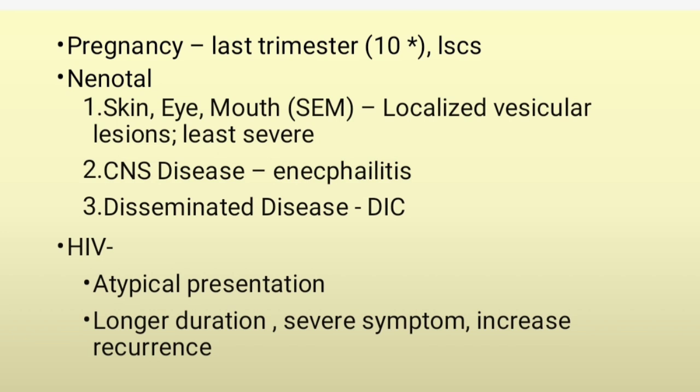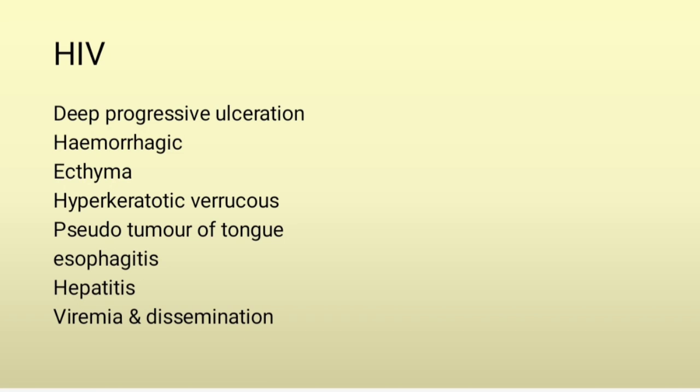In HIV, there can be atypical presentation with long duration of the disease, severe symptoms, and increased recurrence. Atypical presentation in HIV includes deep progressive ulceration, hemorrhagic lesions, ecthyma, hyperkeratotic verrucous lesions resembling condyloma, pseudotumor of the tongue, esophagitis, hepatitis, viremia, and dissemination.